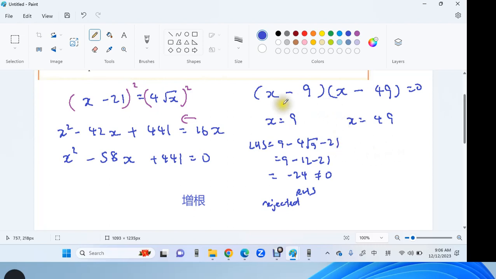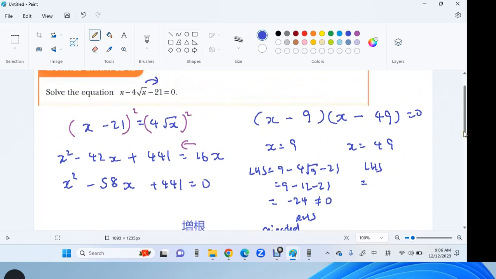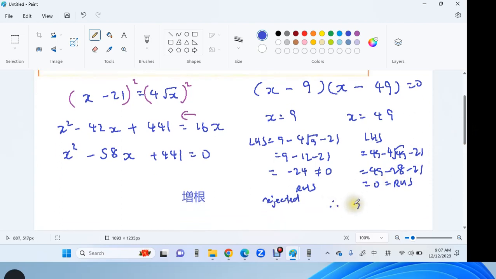So for this method, you must check. For this one, the left hand side is equal to 49 minus 4 square root 49 minus 21, 49 minus 28 minus 21 equal to 0. That is the right hand side. So the final solution is x equal to 49 only.